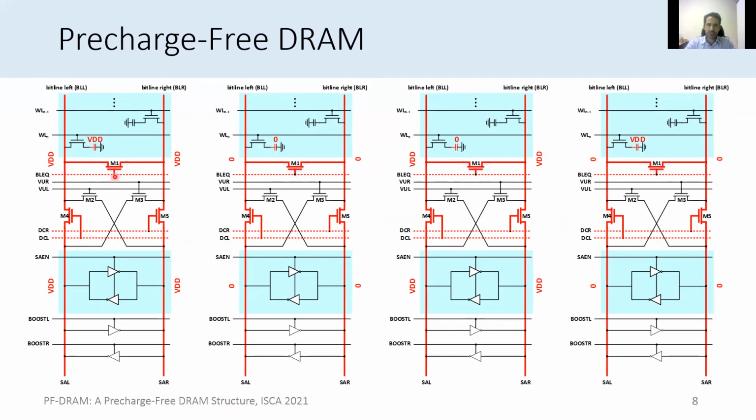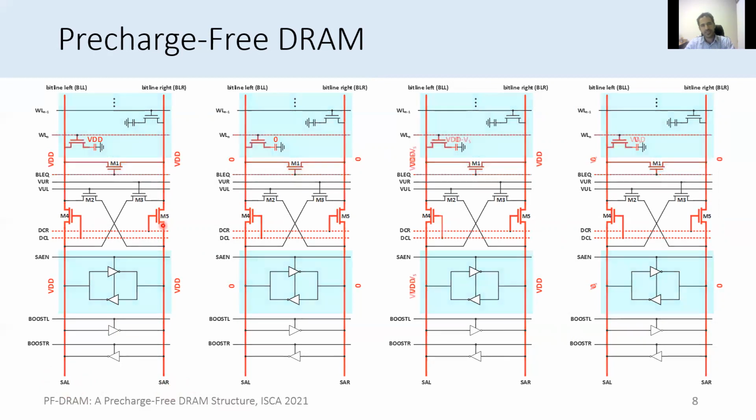Before activation, both bit lines are connected to each other through M1 like conventional DRAMs to minimize possible noises and keep their voltage balanced. In this condition, BLL and BLR are connected to the internal nodes of the sense amplifier, SAL and SAR, through M4 and M5.